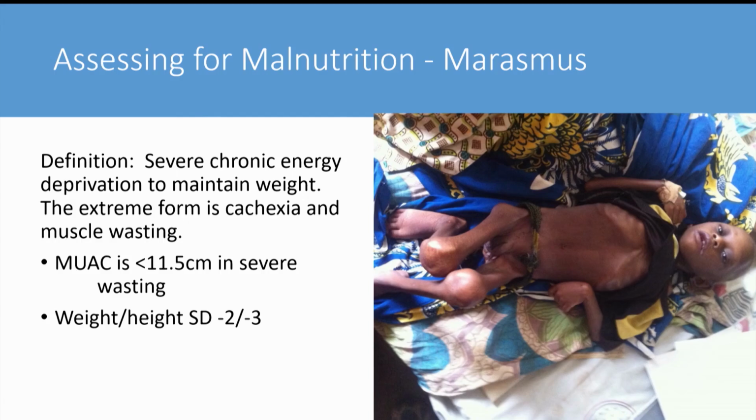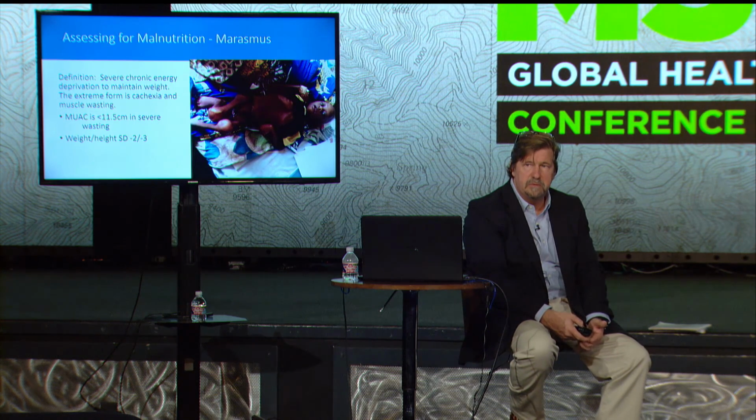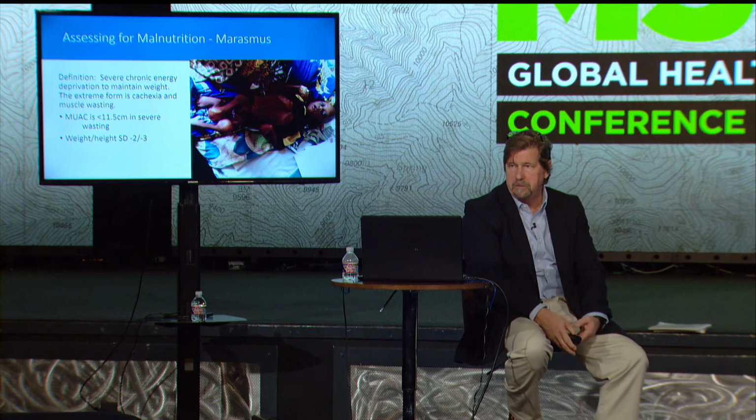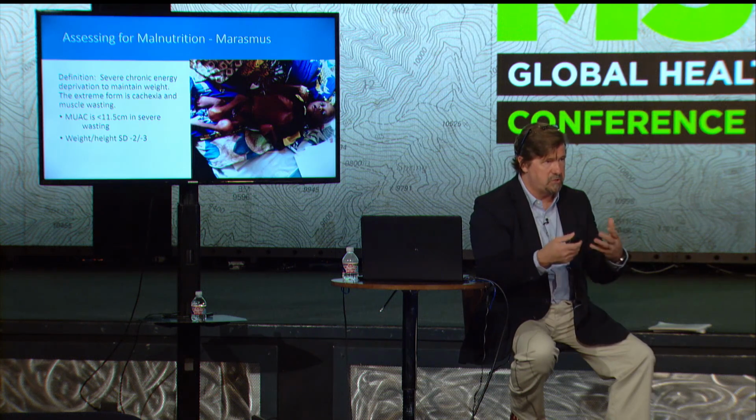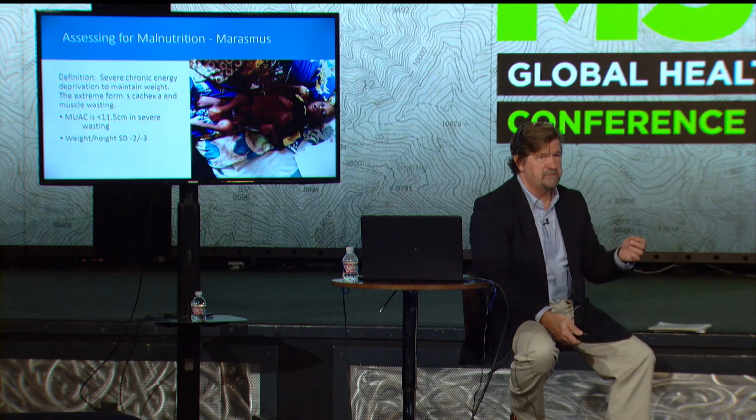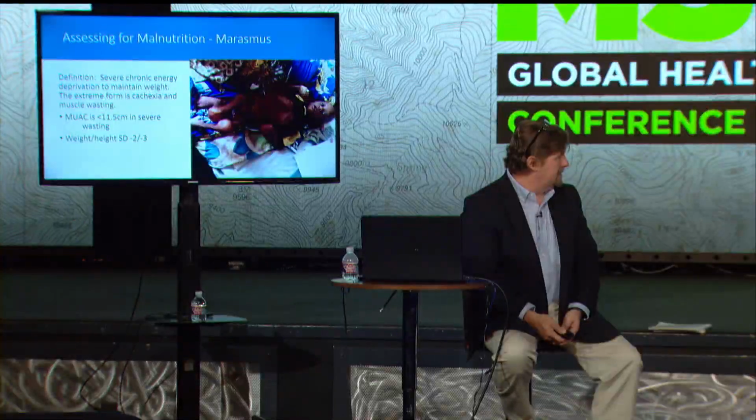So who knows the difference between marasmus, malnutrition, and kwashiorkor? Okay, so we have a handful of people who know the difference. This is the classic marasmus. But you can see a clinical mixture of these patients as well. You can see marasmic kwashiorkor. You can see both in some patients. This is also, unfortunately, one of Lindsay's patients.